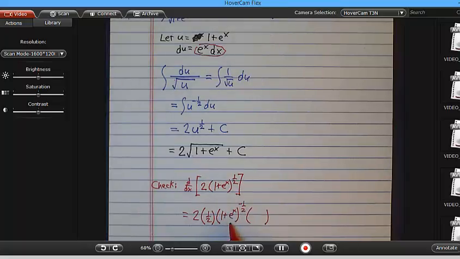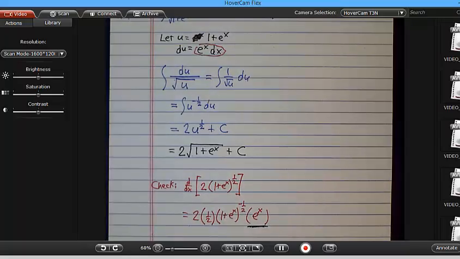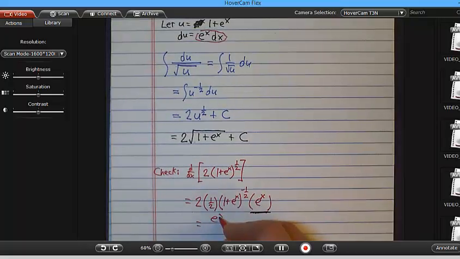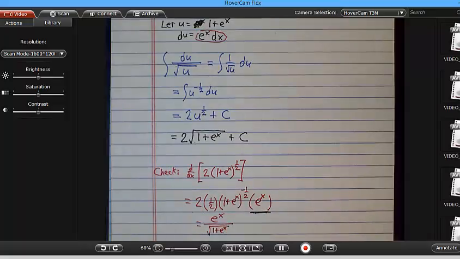So that's bing, bing, bong. What's bong? e to the x. See, that's the chain rule. Again, the substitution allows me to do the chain rule backwards. And sure enough, if you write what that equals, you'll get what we started with inside the integral.